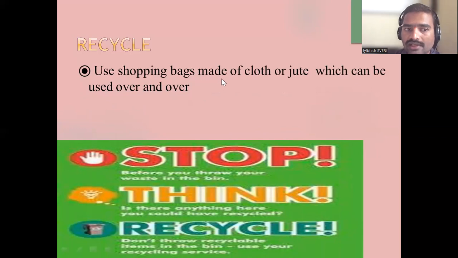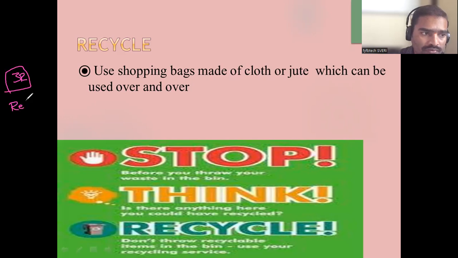Whatever shopping bags there are, they should be made of cloth or jute so that we can recycle them. This comes under how to manage the waste. So what are the 3R? Reduce first, reuse, recycle.